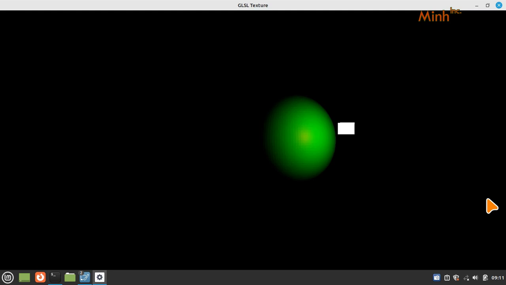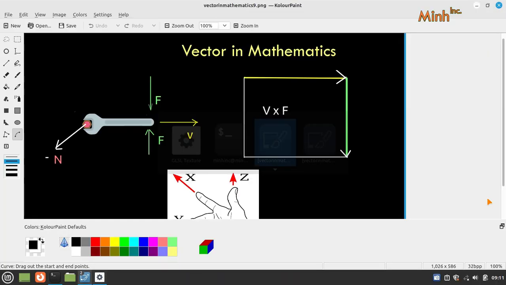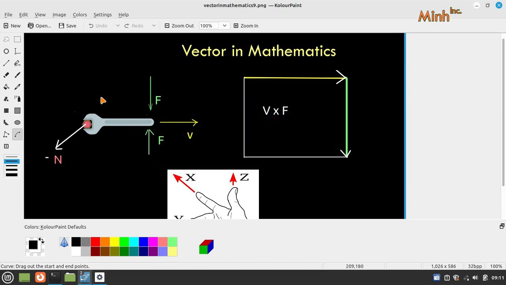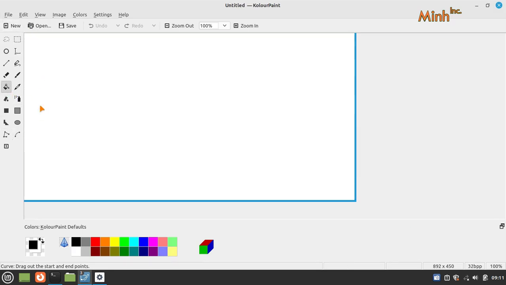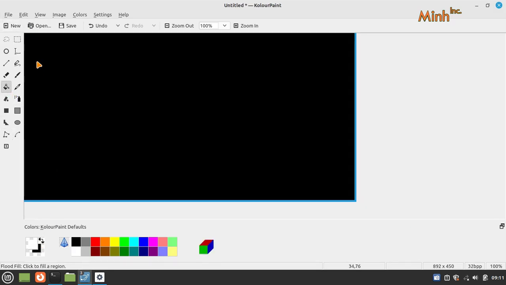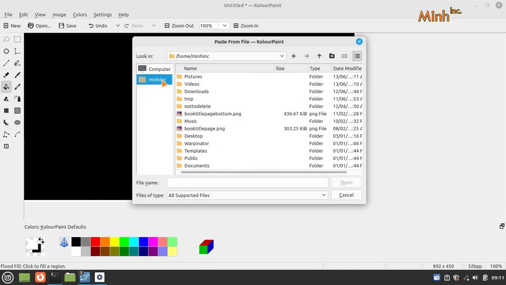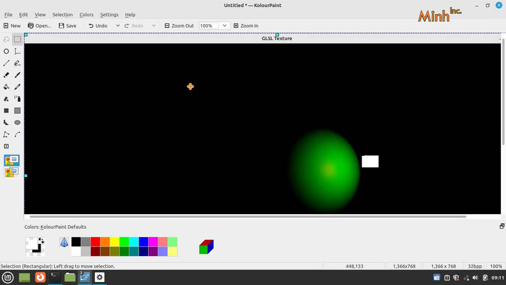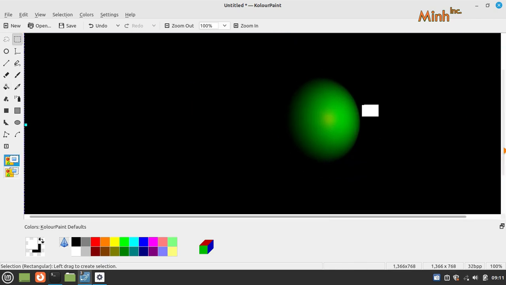Now if I take a print of this screen and bring it somewhere, I open a new one and paste it. So this is the scenario we are seeing.